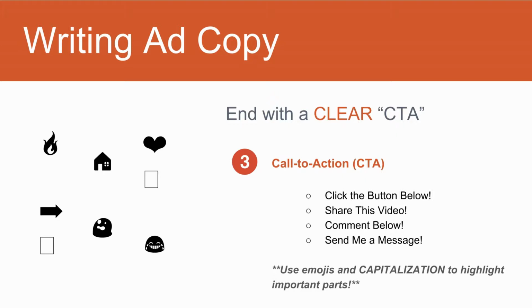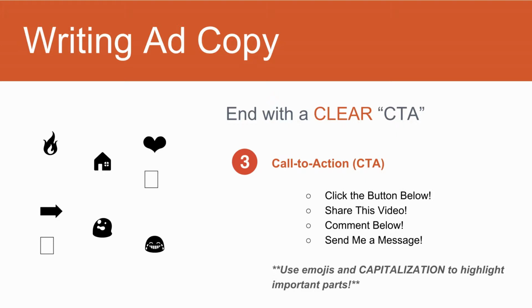So you want to make sure you're using emojis, not just random ones. Try to be a little intelligent about which ones you use. So for instance, if you are talking about how frustrating it can be to keep paying somebody rent and not own your own place, you might want to put the little frustrated face emoji at the end of that sentence, right? You can also surround key parts of the copy with emojis on both sides. Like this fire one here, this one you'll see a lot.